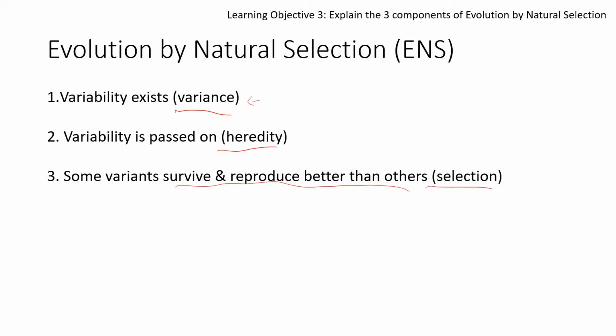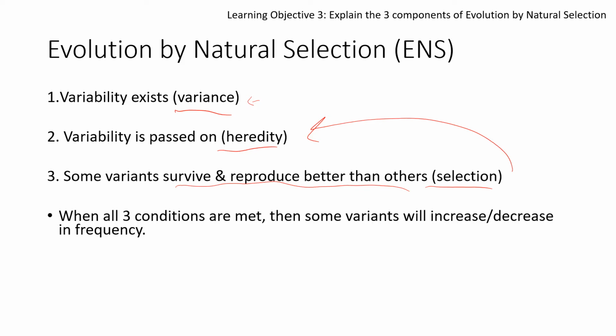Therefore, they're more likely to survive, then they are more likely to pass on those genes of having a longer beak, passing on that through heredity. So when all three conditions are met, some variants increase in frequency and some decrease in frequency, depending on whether they help aid in survival and reproduction better.